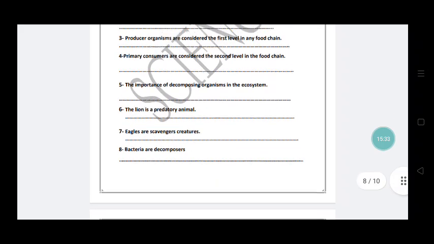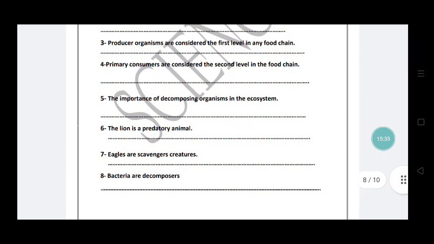Okay, producer organisms are considered the first level in any food chain because producers can make their own food and don't feed on plants or animals. Okay, primary consumers are considered the second level in the food chain because primary consumers feed on producers.